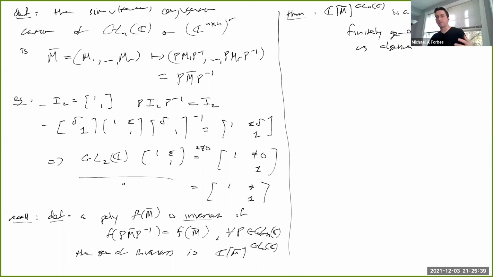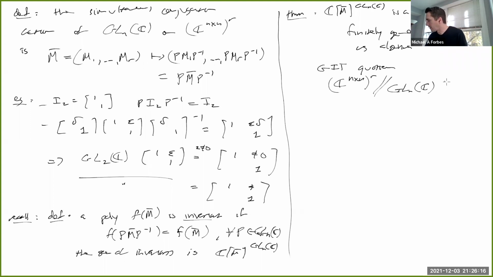So every invariant can be written as a polynomial in a finite number of generating invariant polynomials. And so the idea is that that finite set of generators for this algebra tells you everything that you need to know about arbitrary invariants. What's more interesting, or another thing that's relevant here, is that we can look at this GIT quotient of the n by n tuples over C, quotiented out by this action.